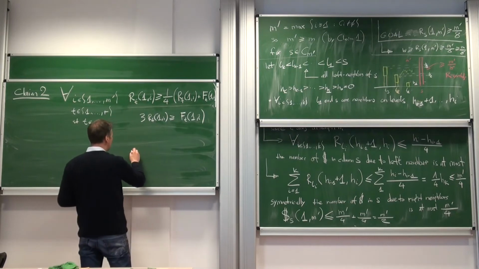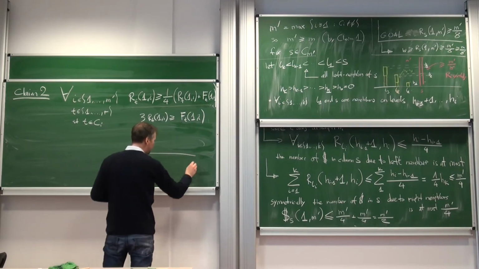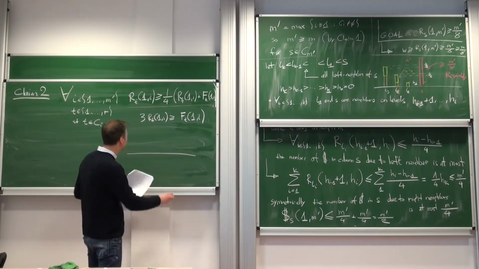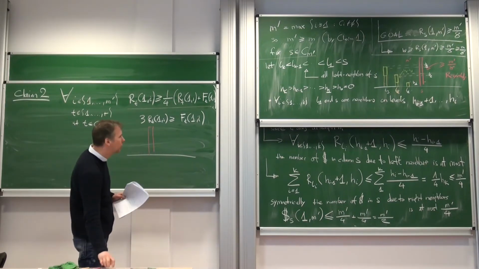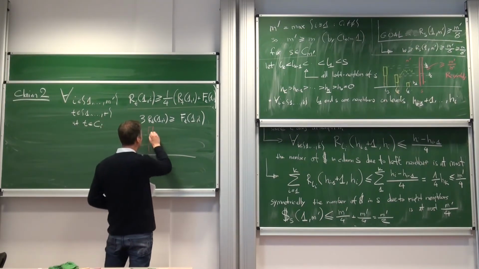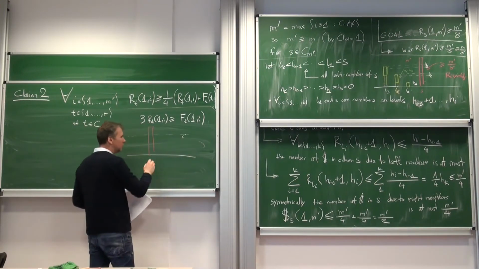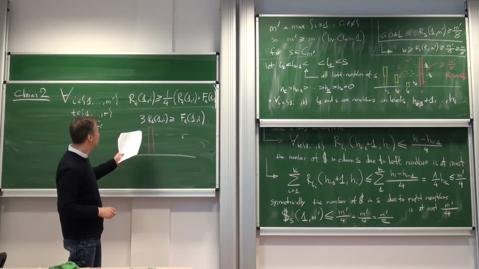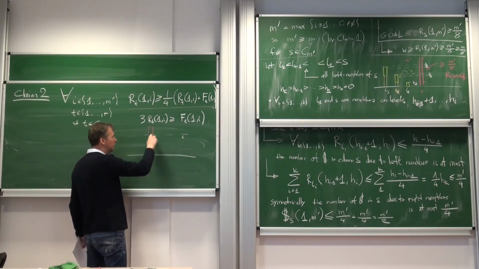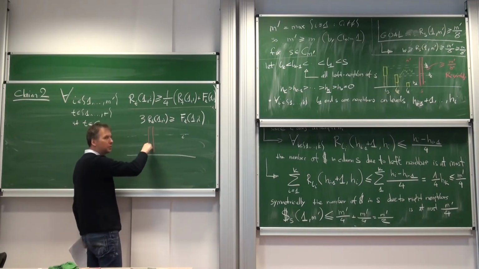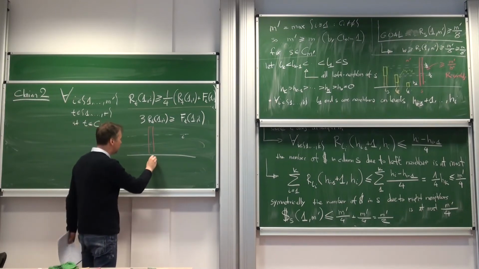What do we have here is easy, right? We just look at the single column, and we look at it up to some level i, and now we just claim that the number of f's here is at most 3 times the number of r's here. This is what we claim. This is our column t.